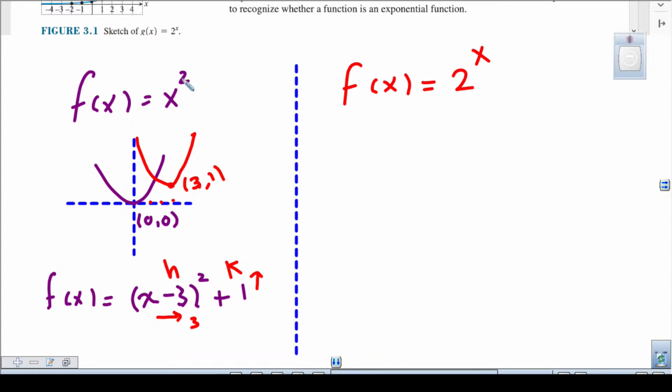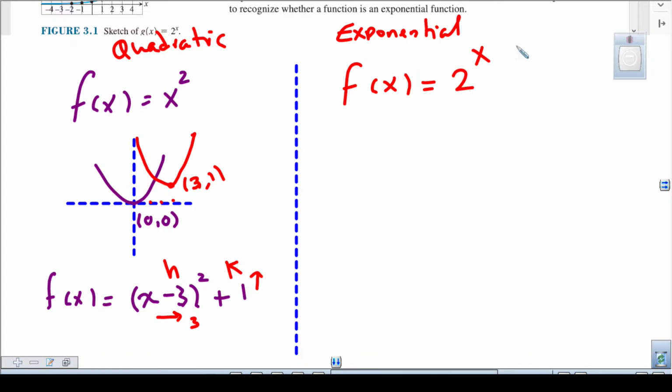It's always 2. Here in exponential, it's a little bit different. This is exponential. Obviously, this is quadratic, right? Okay, so 2 is the base, basically the constant in the base.